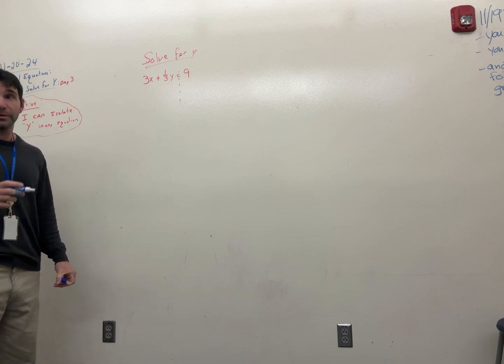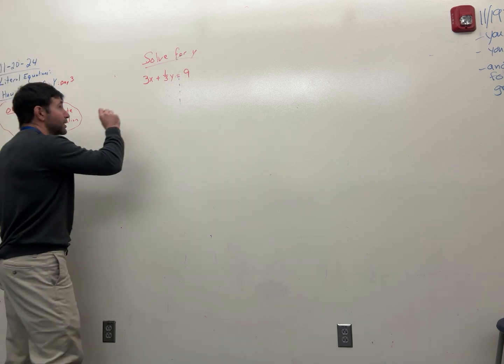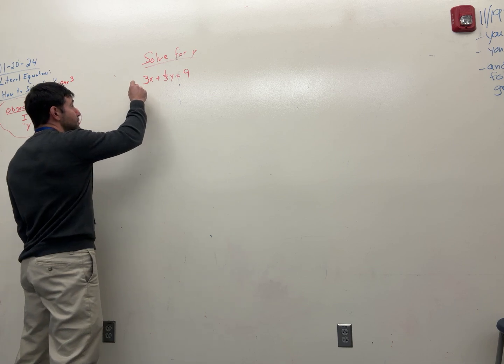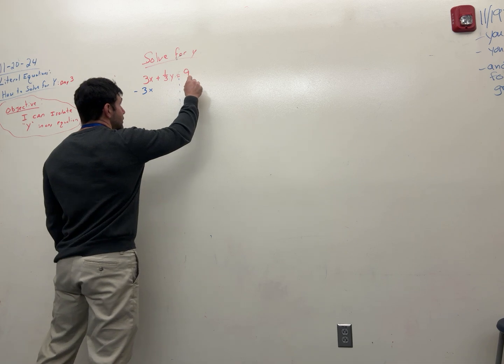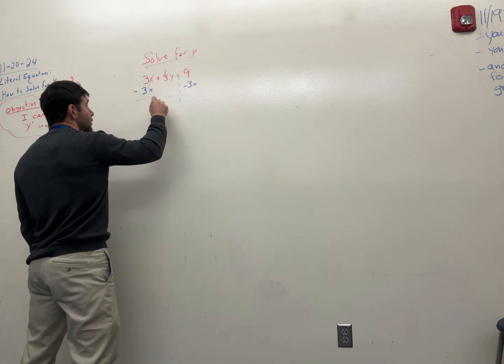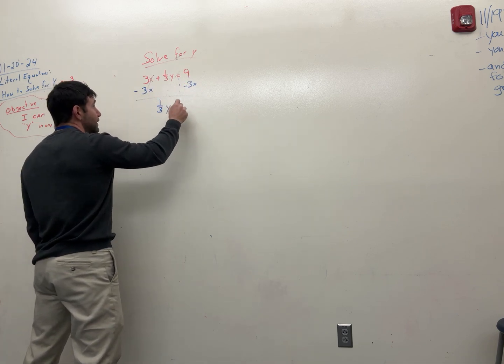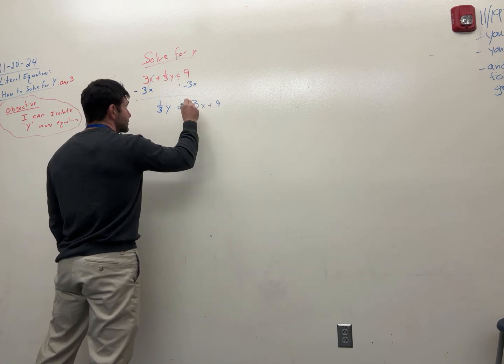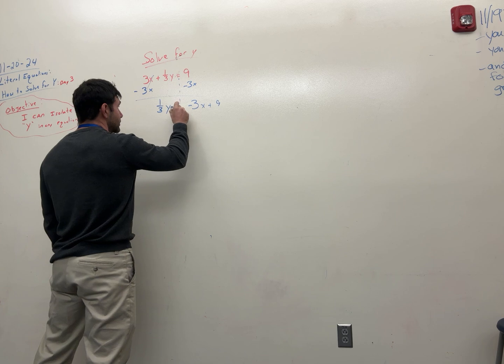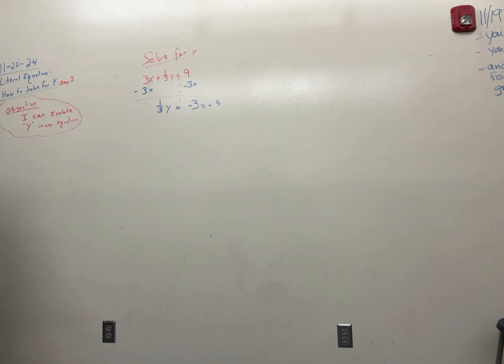For y, what do we have to move first? 3x. How do I move the 3x? Subtract it. Good. That leaves me 1/3 y equals negative 3x plus 9. Does everybody agree? Okay. Now, can we divide a fraction by a fraction?